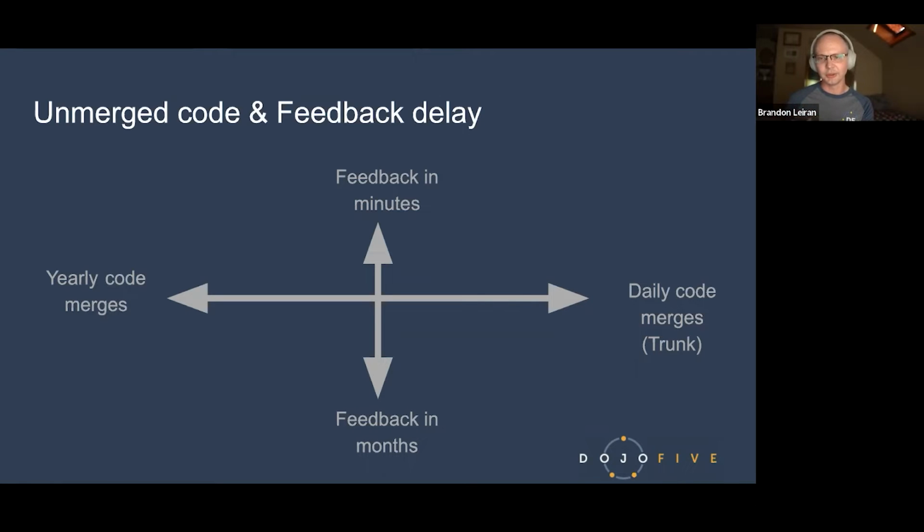If you are working on a project and you're in a branch for 6 months or whatever before you merge it with everybody else's work, then your merges are every 6 months, or in this case, I said every year. If you are on a project where everybody is merging their code daily, and this is called trunk-based development because some people actually do this even in larger projects, then you're farther over to the right. You're more continuously taking your work and putting it with everybody else's work.